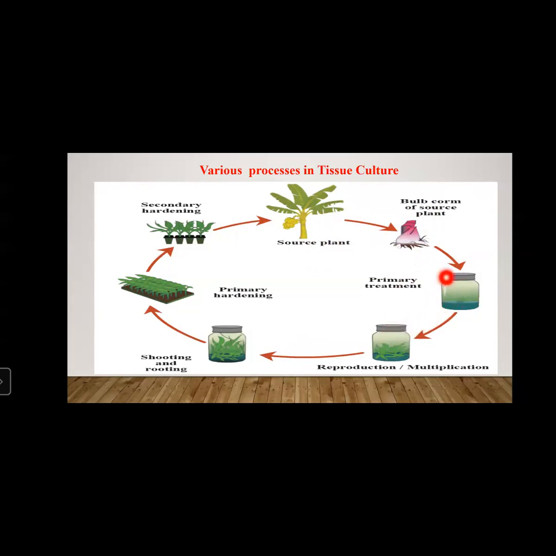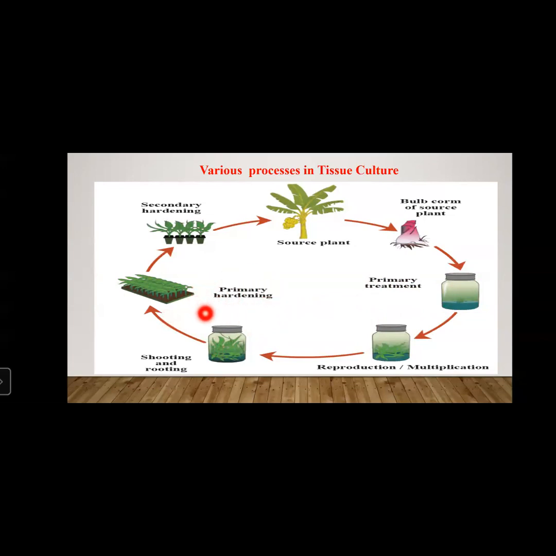The cells within the nutrient media multiply and redivide and differentiate into different tissues and organs of the plant, finally developing the root system and the shoot system of the plant. These are now known as plantlets. These plantlets are transferred into the soil for primary hardening.